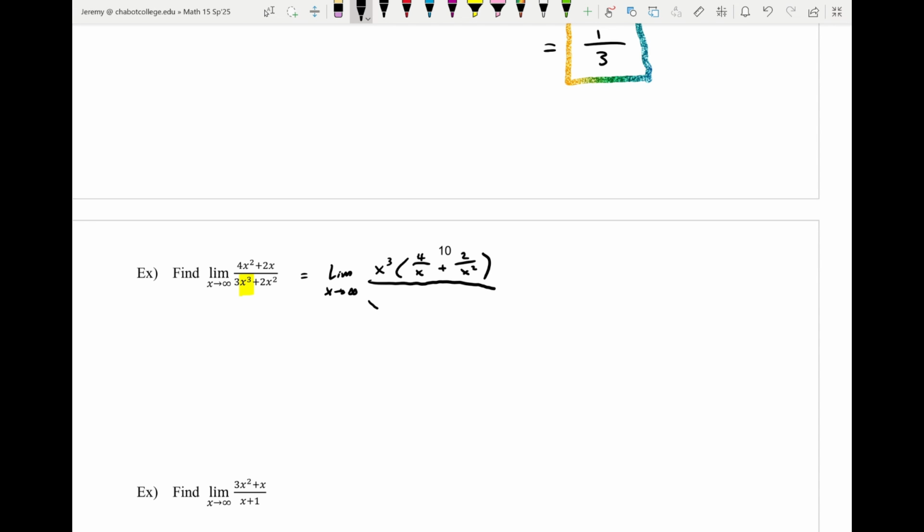And in the denominator, when I pull out x cubed, I'm left with 3 plus 2 over x. Okay, and I can simplify the x to the third power. Those can cancel out, and I'm just left with this.